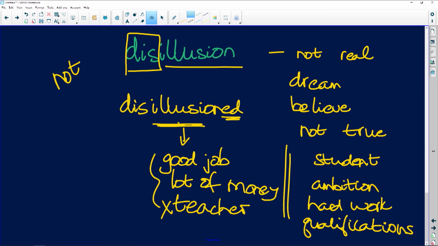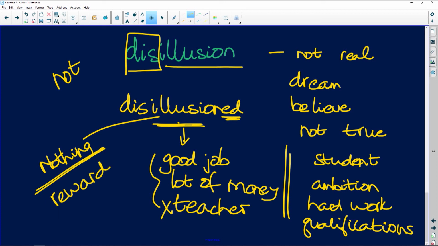It's actually not the teacher. So what was his illusion? That he had to do nothing. It would all be done for him, and then he would get the reward.